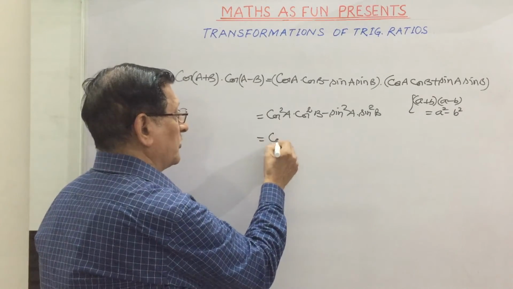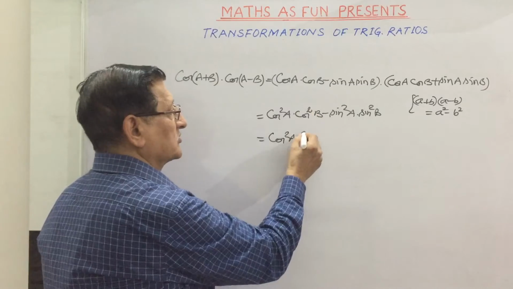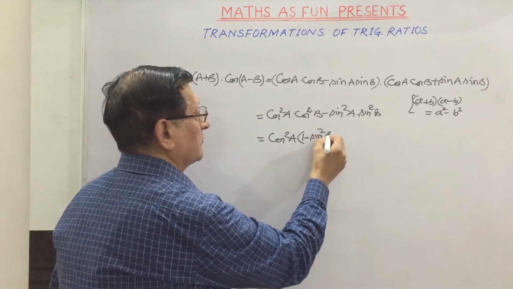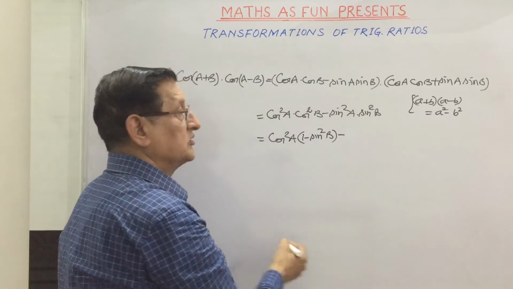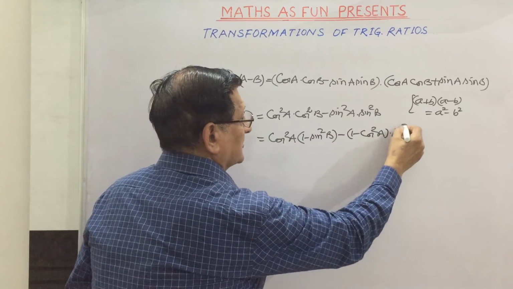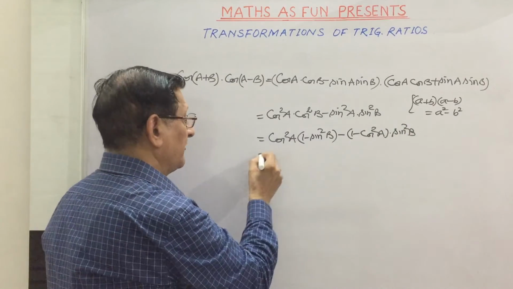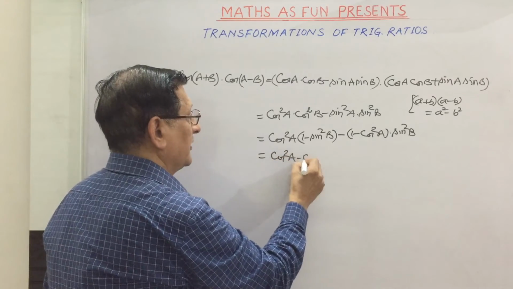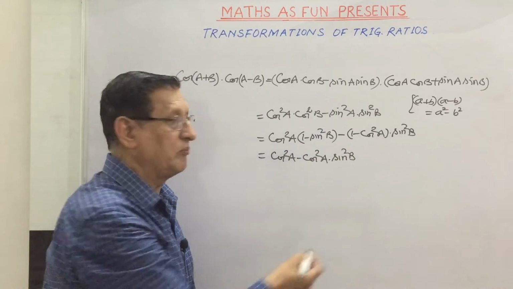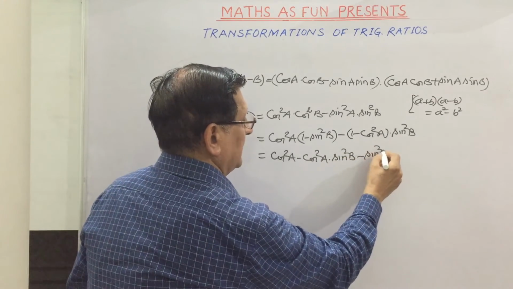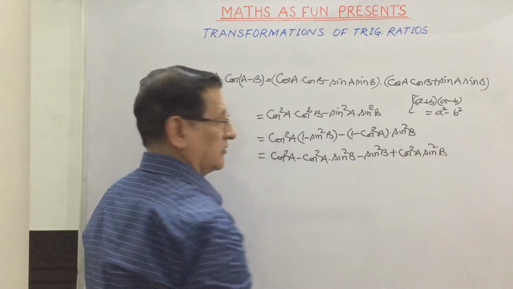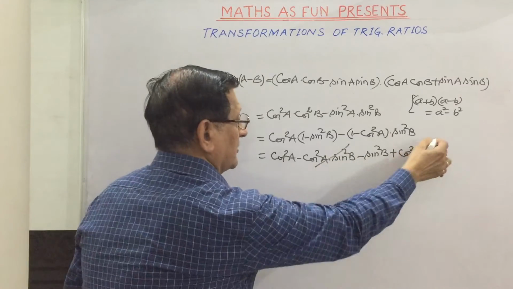If we keep cos square A as the same and write cos square B in terms of sine, that is 1 minus sine square B, and sine square A in terms of cos, 1 minus cos square A, into sine square B. If we simplify, this is cos square A minus cos square A into sine square B minus sine square B plus cos square A into sine square B. This is negative, this is positive, they cancel.